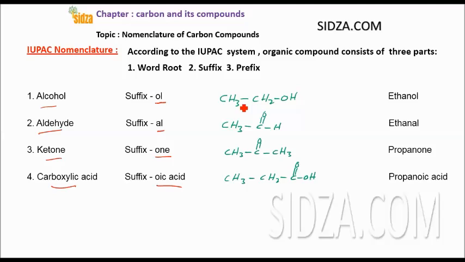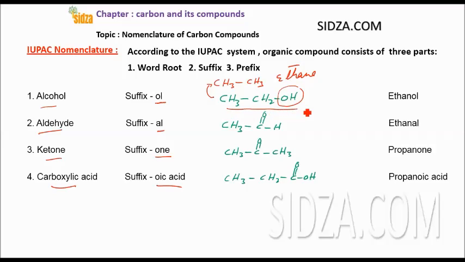This is an alcohol, and we have two carbon atoms in it. So the parent hydrocarbon is ethane, CH3-CH3. Here I have replaced one hydrogen by the OH. So this alcohol is a derivative of ethane.